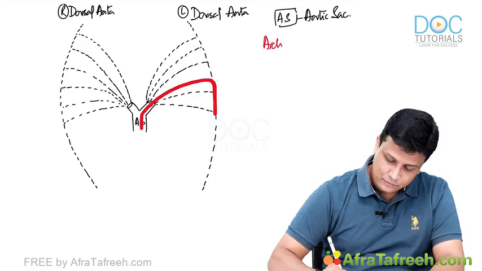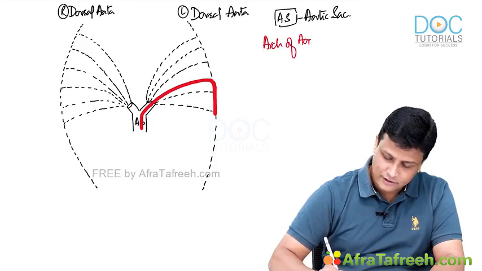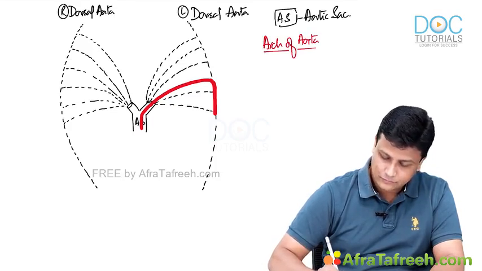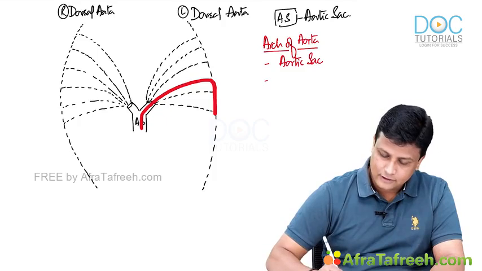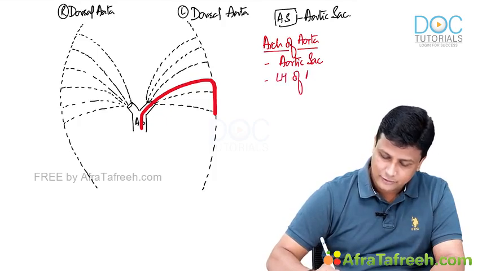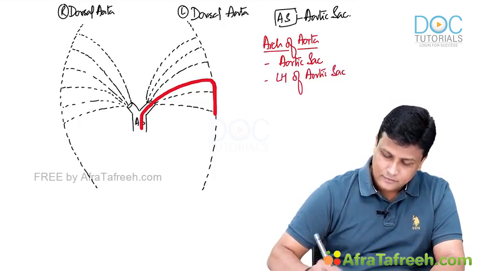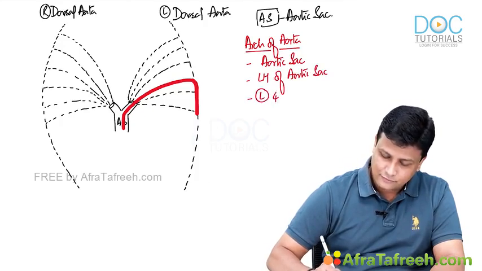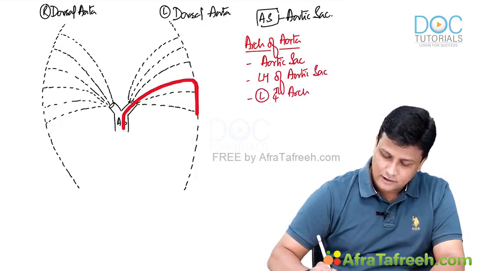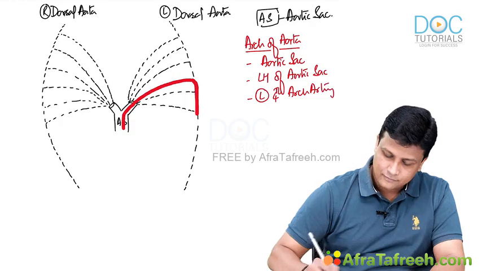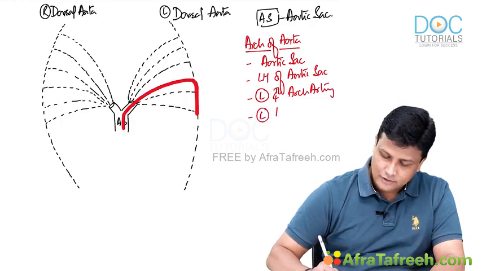Arch of aorta will be derived from where? Number 1, it is derived from aortic sac itself, along with the left horn of aortic sac, and even the left fourth arch artery, and then the left dorsal aorta.